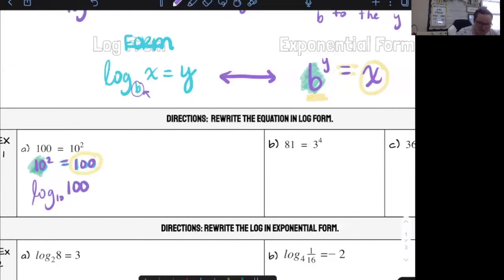So the log base 10 of 100 is equal to, and then the log itself is equal to the exponent. So my exponent is 2. So my log base 10 of 100 is equal to 2. But when we have base 10, we don't write base 10. We just say the log of 100 equals 2, and we know that it's base 10 because the base isn't written.